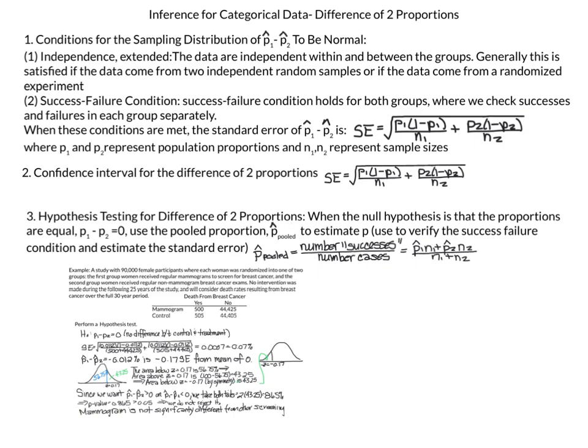For hypothesis testing, when we need to plug in a p for, say, the standard error, we use both p's equal to this p hat pooled, which is based on the number of successes in the first and second populations divided by the number of cases.